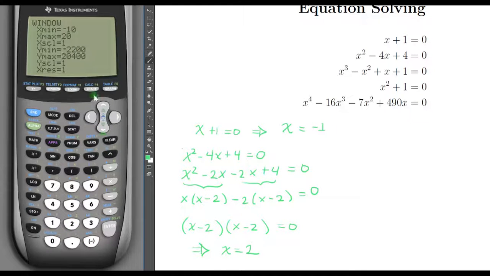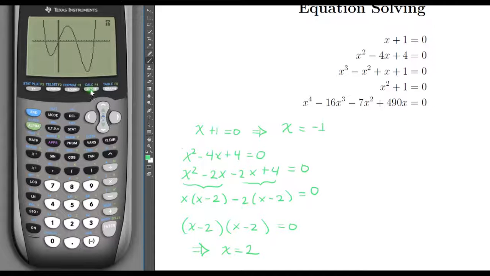And instead of 20,000, I'm gonna go to 1500. Now I'm gonna graph it again. And there it is. My 4 roots appear immediately. Okay, so now it's gonna be much easier to find the roots if I can see where they are.